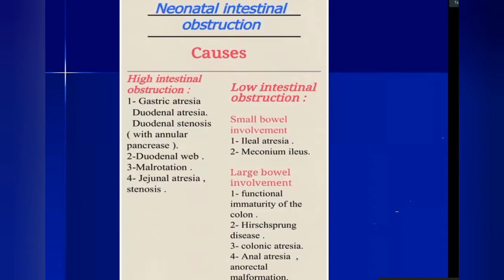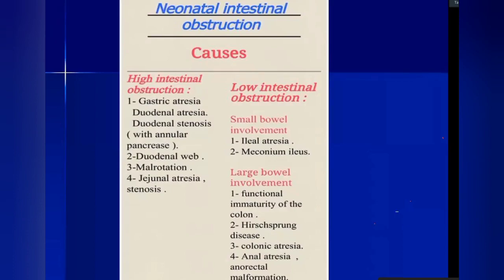If it's a high intestinal obstruction, most commonly duodenal atresia or duodenal stenosis due to annular pancreas, duodenal web, or malrotation, but malrotation usually doesn't present immediately after birth. Very rarely, gastric atresia.